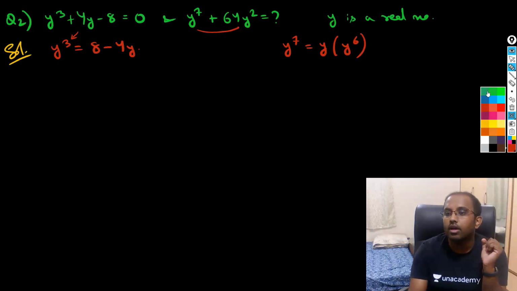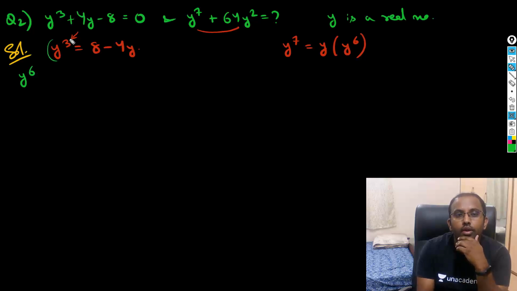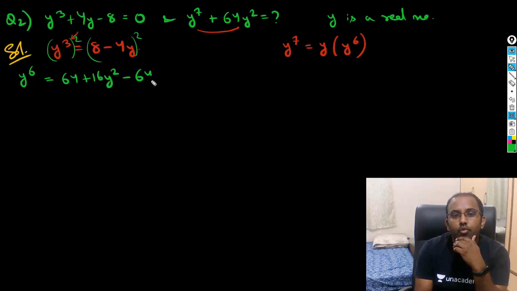So now let's square it. y cube is equal to 8 minus 4y, so squaring it, I'll get y raised to 6 is equal to 64 plus 16y square minus 64y.